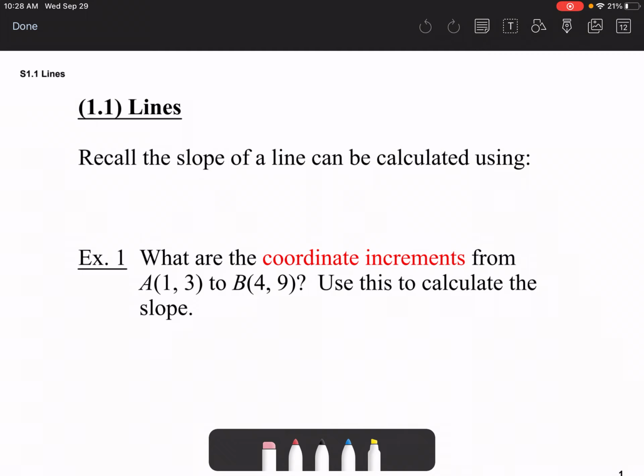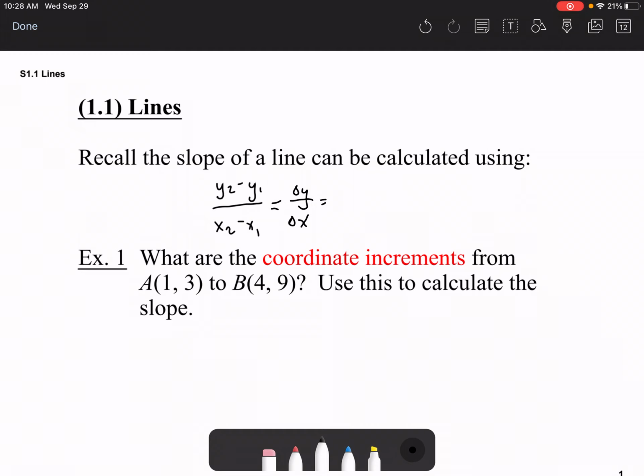So recall the slope of a line can be calculated in many different ways. So we can use y2 minus y1 over x2 minus x1, where x1, y1 is a point on the line, and so is x2, y2. You can also use your change in your y values over your change in your x values.